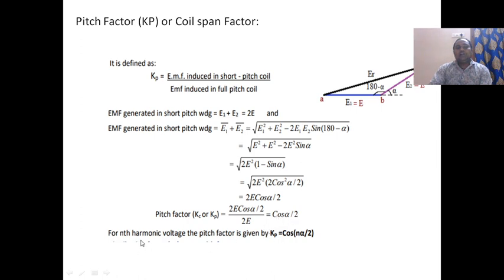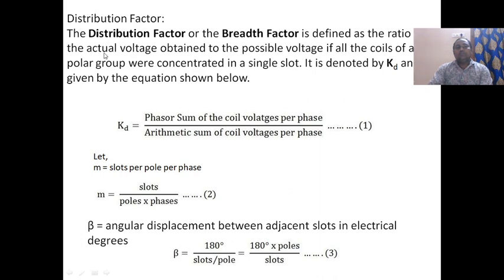If you consider the nth harmonic voltage, the pitch factor is given by Kp equal to cos n alpha by 2. Now the distribution factor, or breadth factor, is defined as the ratio of the actual voltage obtained to the possible voltage if all the coils of a polar group were concentrated in a single slot.